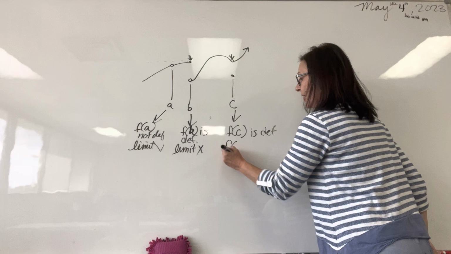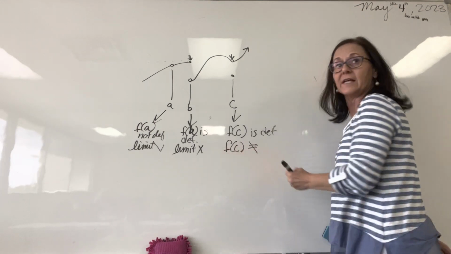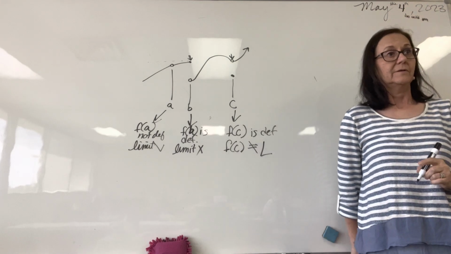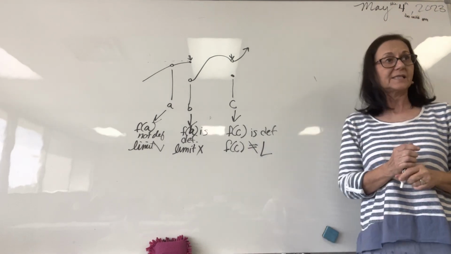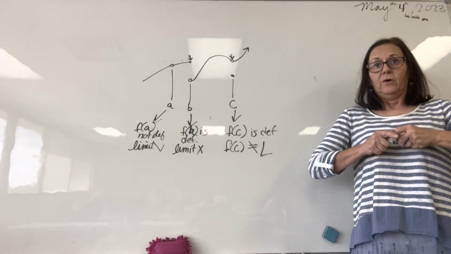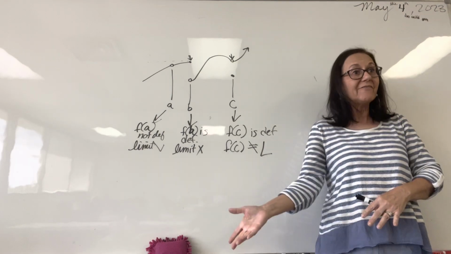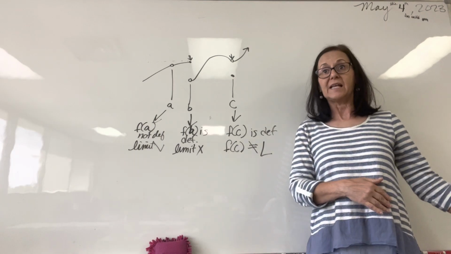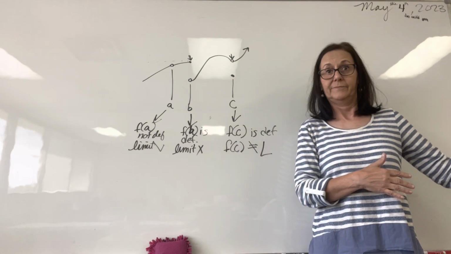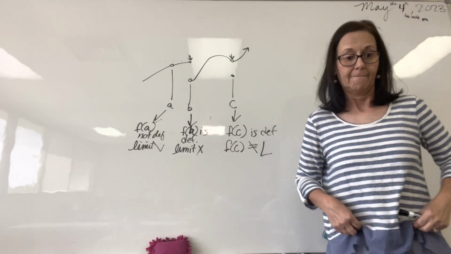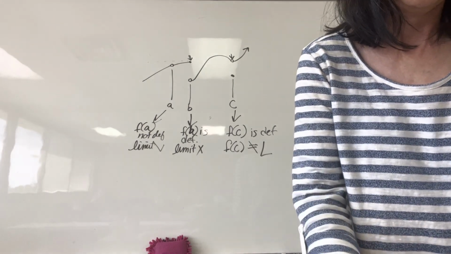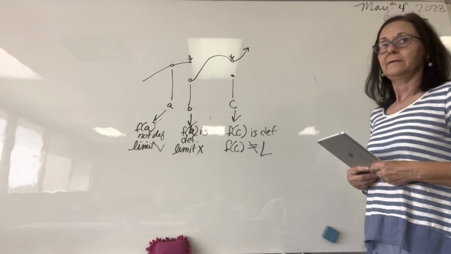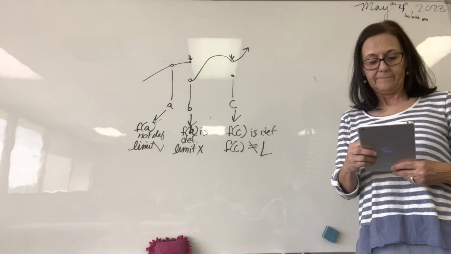So f of C is not going to equal what your limit is. So three different instances where either we do have a valid output or we don't, and a limit exists or it doesn't. Make sense so far?